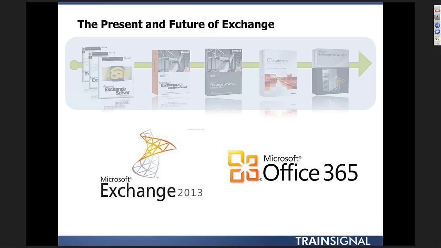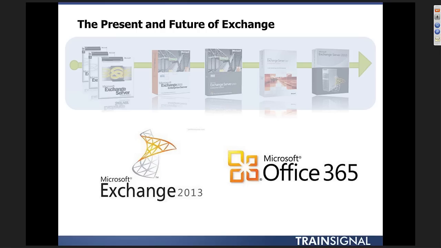But this is where things are going, a hosted environment, and it makes you think about what the future will be. But there will always be on-premise deployments of Exchange because there are always going to be some situations that require it, large organizations that require complete control, complete security. I say always, but what do I know about the next 20 years? But at least in the near future, we're going to see some solid deployments of Exchange 2013 as well.